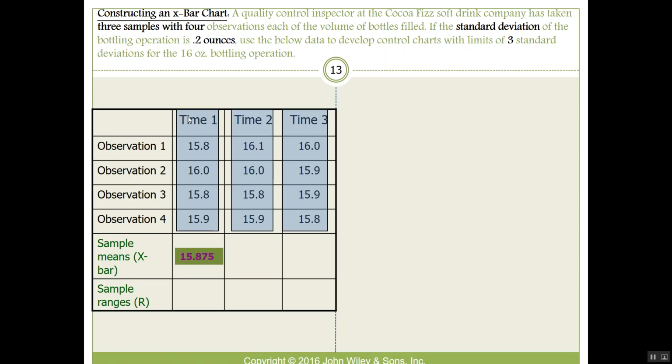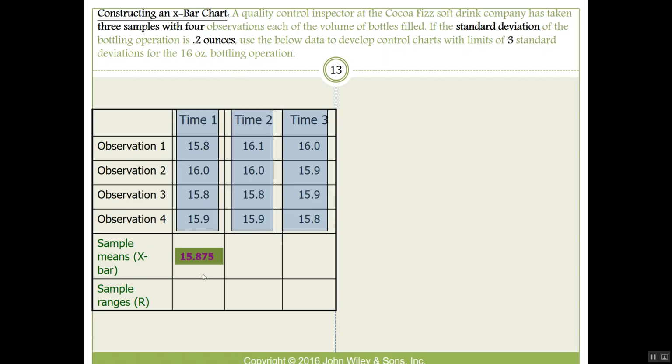So for each of these samples separately, for time 1, time 2, and time 3, we calculate the average. So X1 bar, or the average of observations in sample 1, is simply the mean of these 4 values, right?